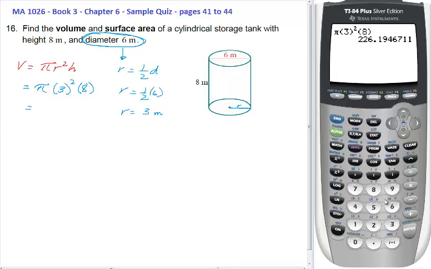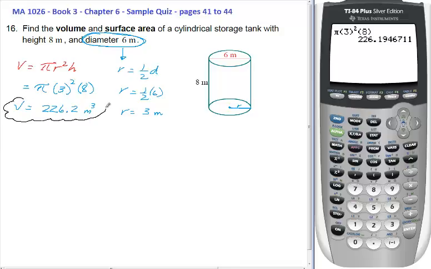Now it doesn't tell us how to round this. If we went by significant digits, of course, that would be 200 cubic meters. But let's do it this way. We'll write down 226.2, and that would be volume, of course, is meters cubed. So there's the volume. 226.2 cubic meters.